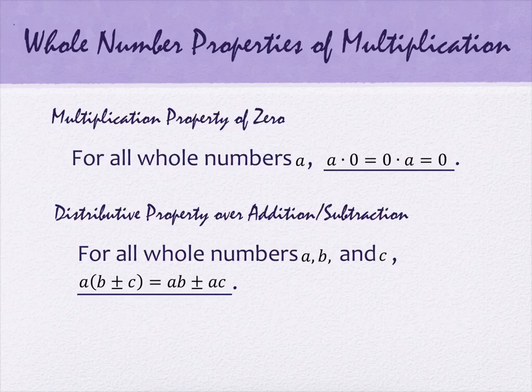And then the last one combines multiplication with addition or multiplication with subtraction. And it's a distributive property. It says that if I have the number A multiplied by the quantity that's B plus C or B minus C, I'm able to distribute that A through and multiply it by each of the individual pieces, and then do the addition or subtraction.